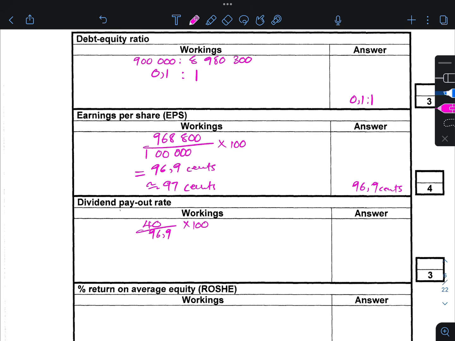If you calculate that, we get 41.28%. You can even round it off to one decimal place for simplicity's sake, and just say 41.3%.